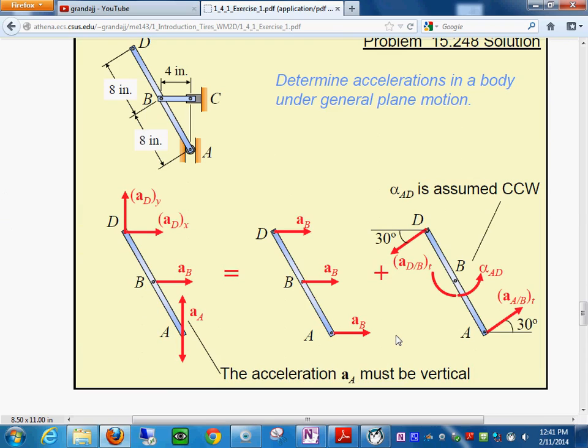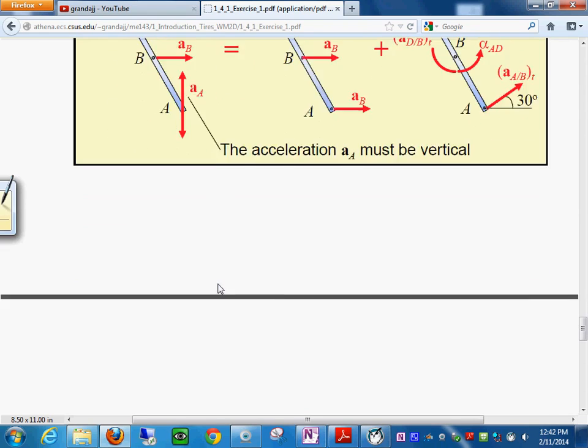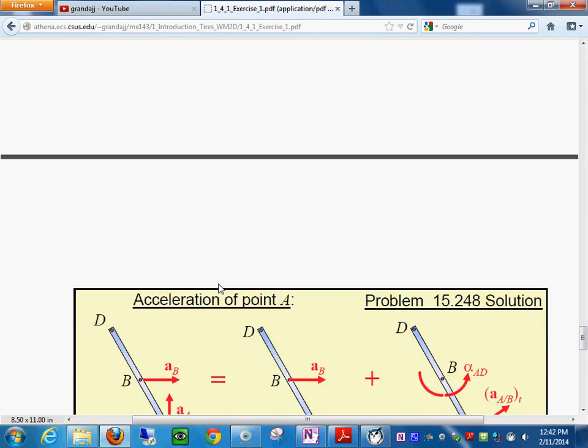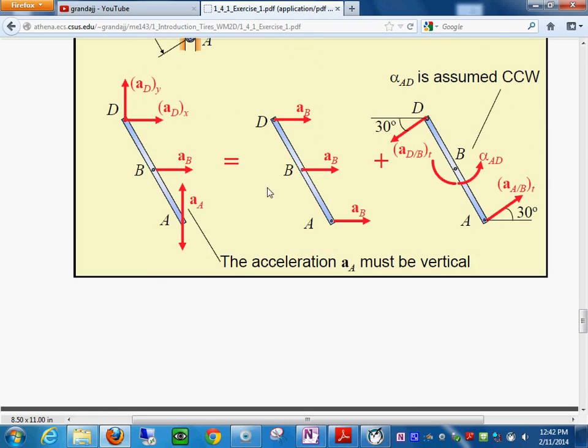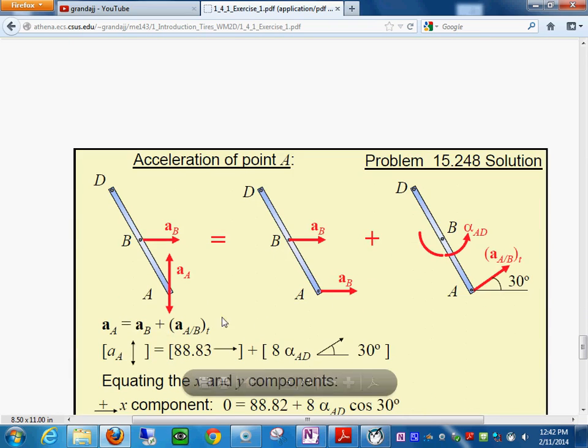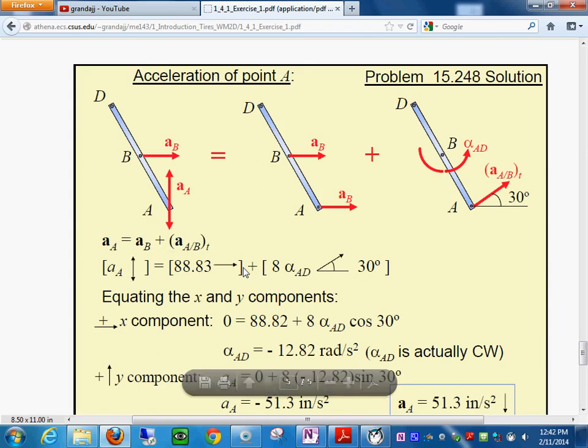Now, the acceleration under plane motion: we are going to find the accelerations considering this bar and the fact that we know the acceleration of B. So let me see if I find it here. There's two graphs superimposed on this, but let's just work out with one at a time.